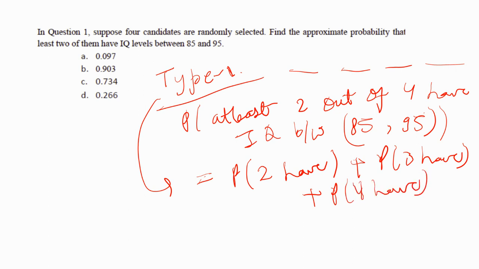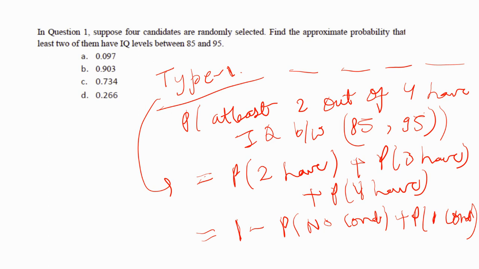Or what you can do is 1 minus the probability that no candidate has this property, and then the probability that one candidate has this property. Then 1 minus means you are just removing the cases when fewer than 2 have IQ levels between 85 to 95.